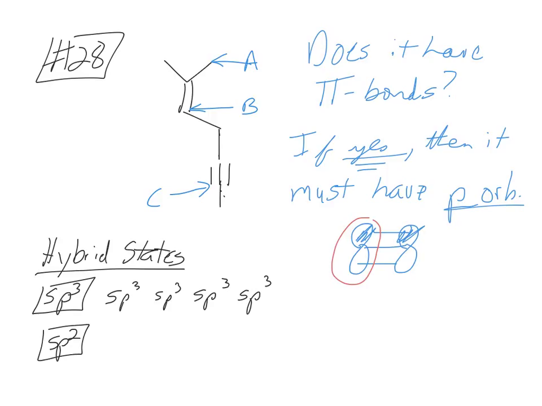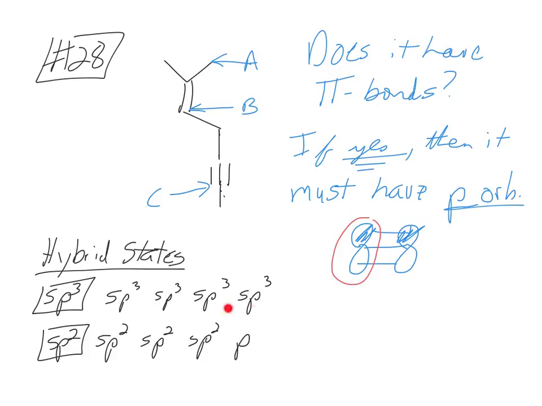What kind of molecular orbitals does sp2 have associated with it? An sp2, an sp2, an sp2, and a p. How many pi bonds can an sp2 hybridized element have? How many p orbitals does it have?